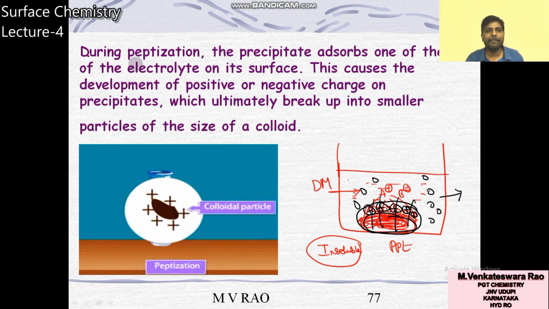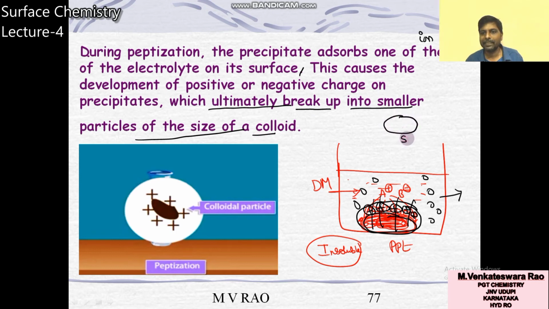So during peptization, the precipitate adsorbs one of the ions of the electrolyte on its surface. This causes the development of either positive or negative charge on the precipitate, which ultimately breaks off into smaller particles of the size of colloid.